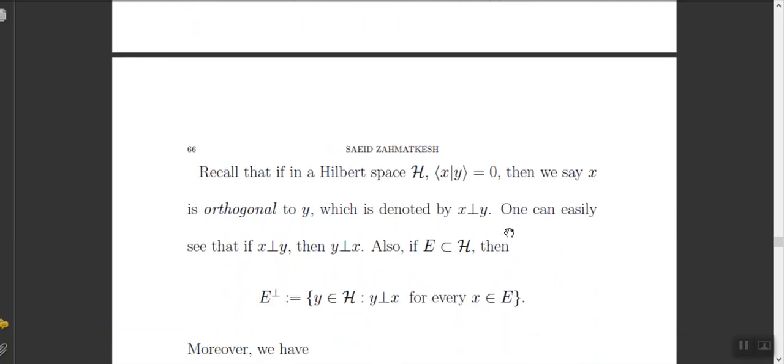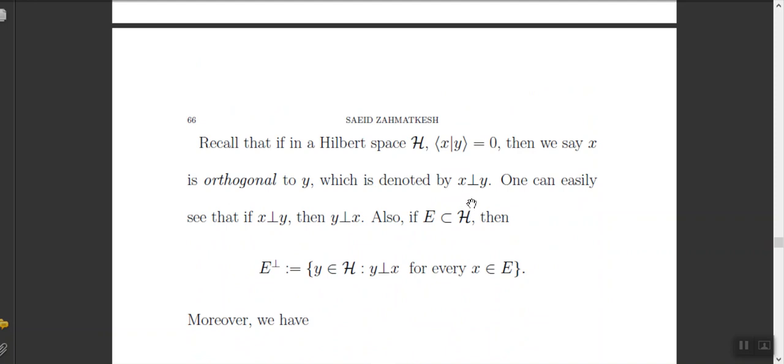Okay, next look at here, we have a definition. Let's say x and y are two elements of a Hilbert space H. When the inner product of x and y is 0, then we say x is orthogonal to y, and we denote it by this. You can read it x perp y, meaning perpendicular.